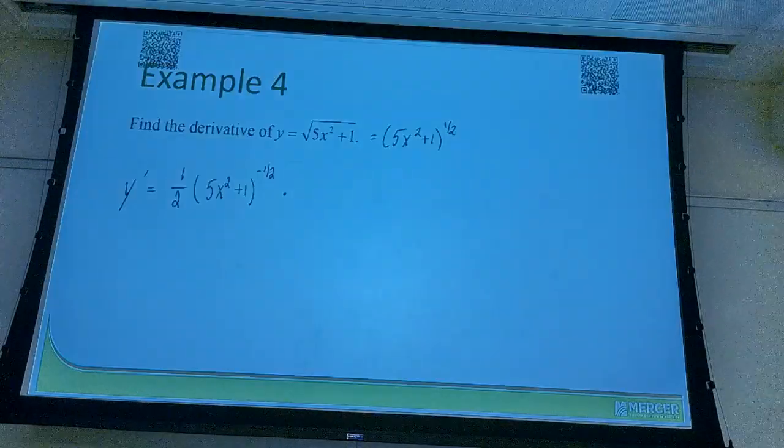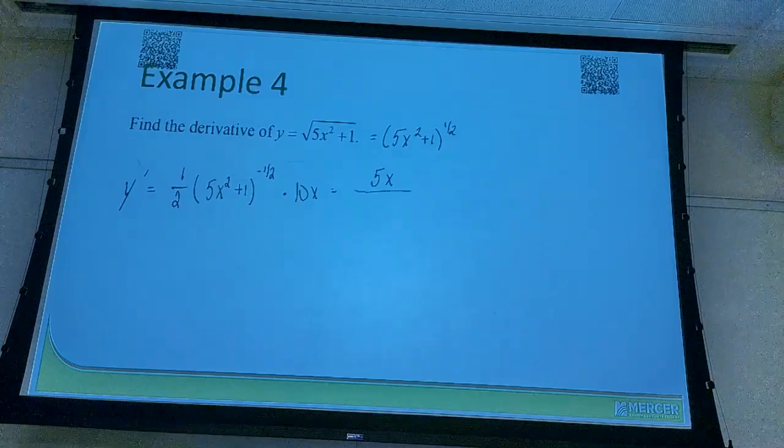Move in. What's the derivative? Now simplify. Remember, generally keep it in the same form. And your derivative.